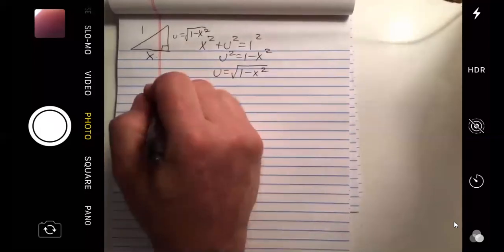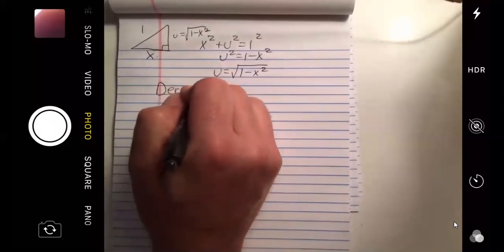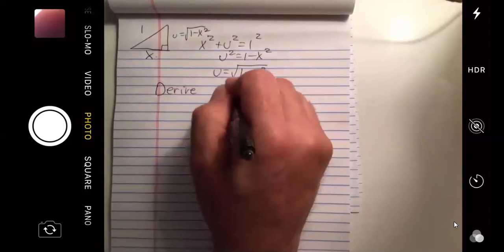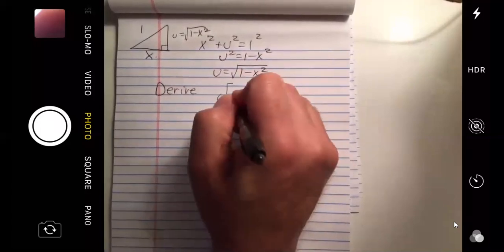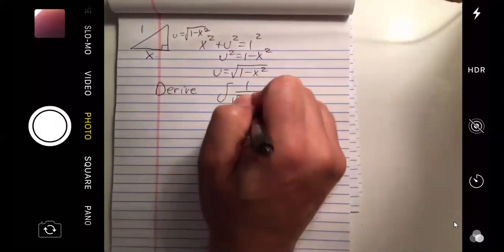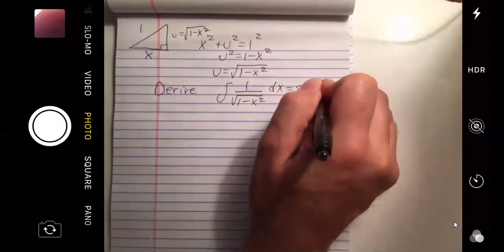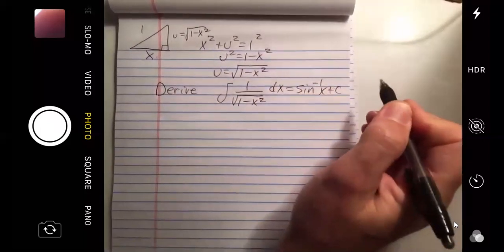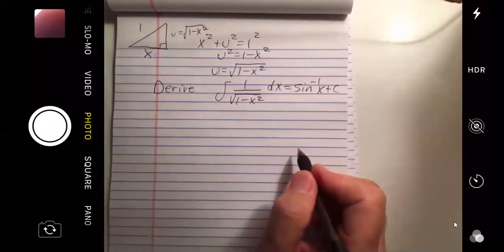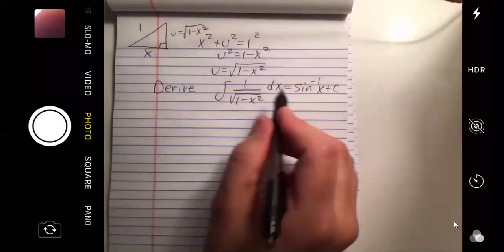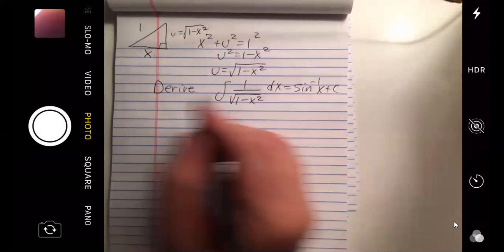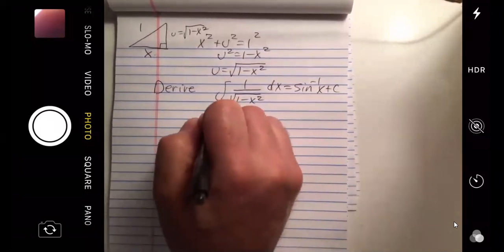All right, let's derive that the integral of 1 over square root of 1 minus x squared comes out to arc sine. To show this, do a derivative on both sides.